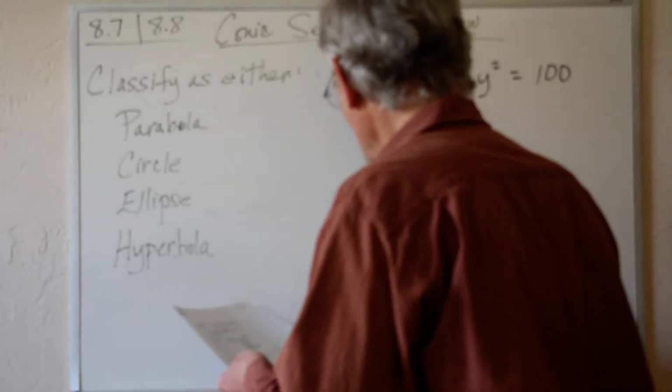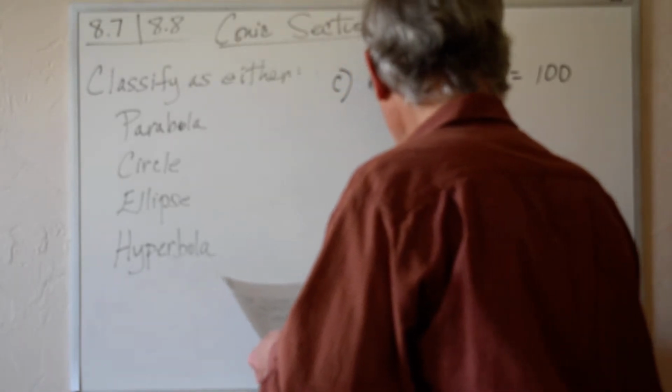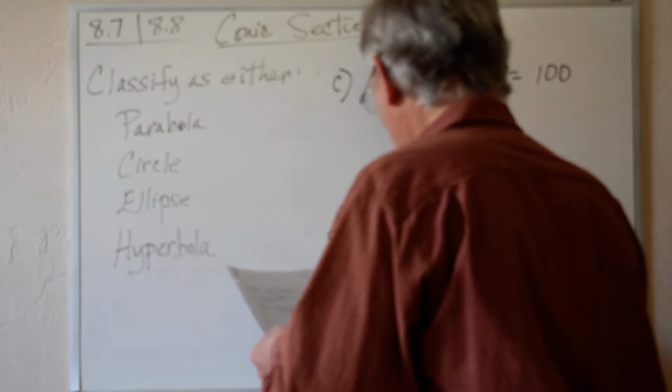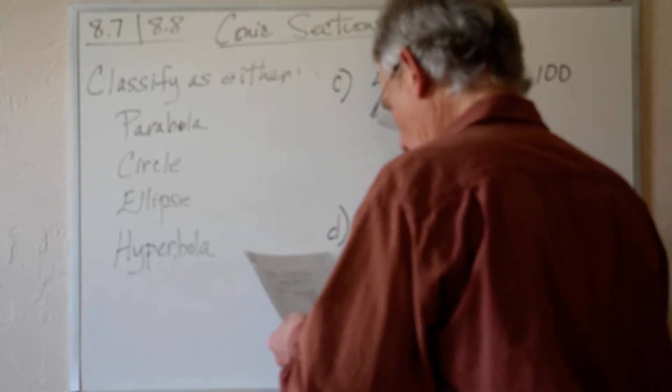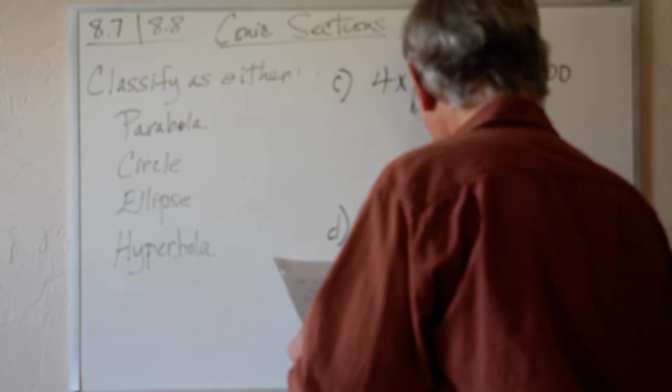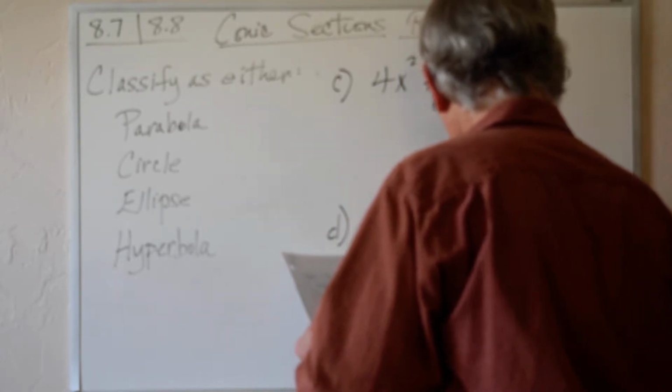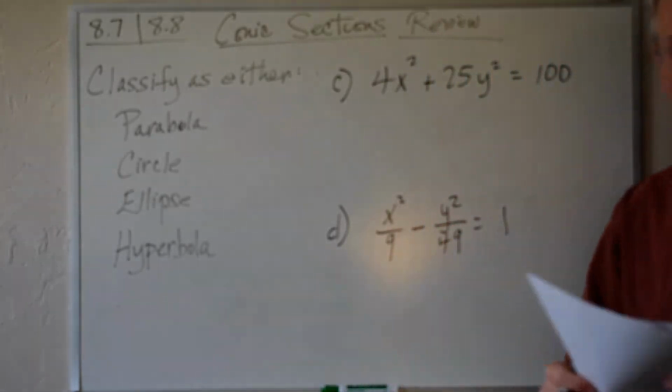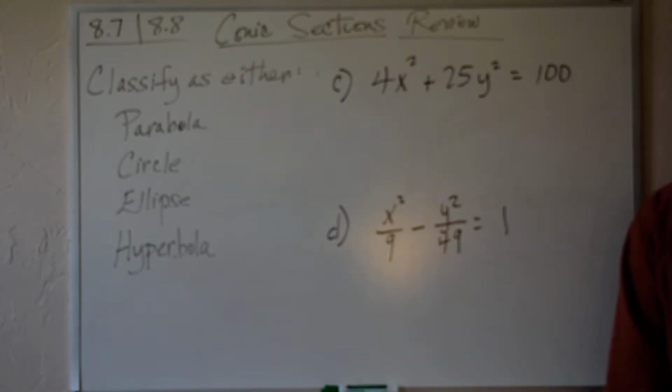Part D, x squared over 9 minus y squared over 49 equals 1. Go ahead and think about those equations and classify them.